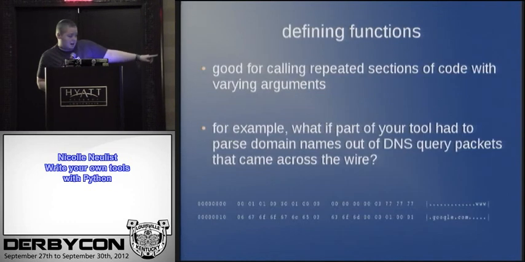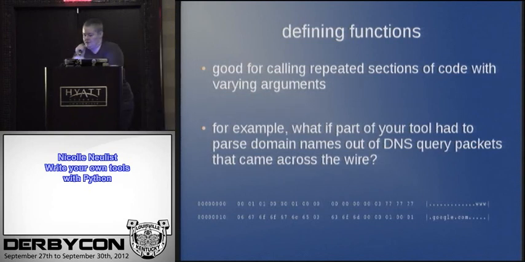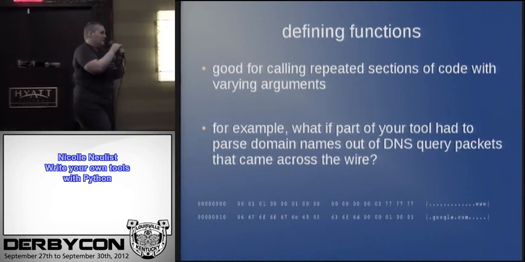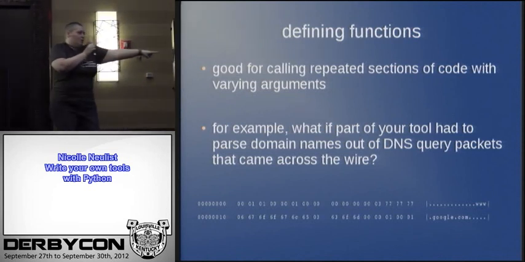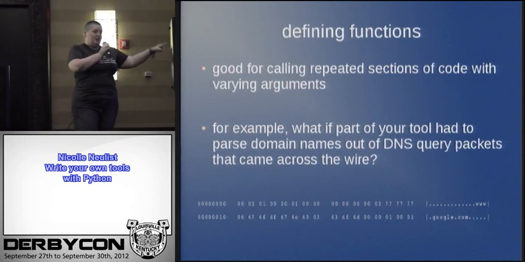Sorry, I'm going back here. You've got 0, 0, 1, 1, etc. You don't care about that if you're just trying to parse the text of the string. You care where it says www.